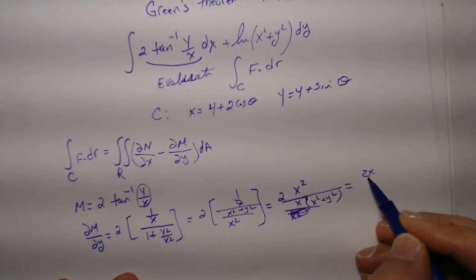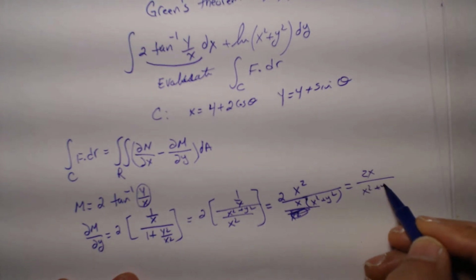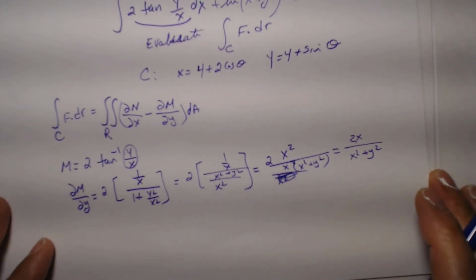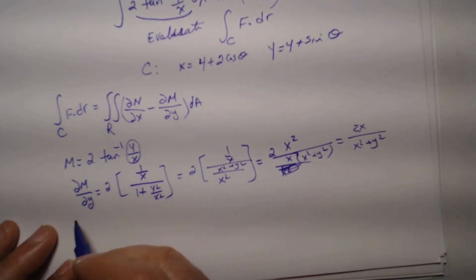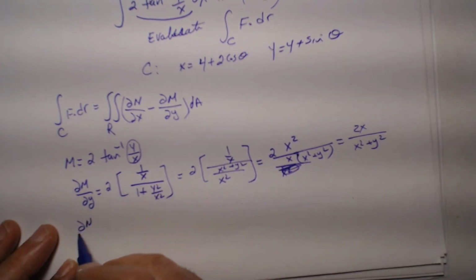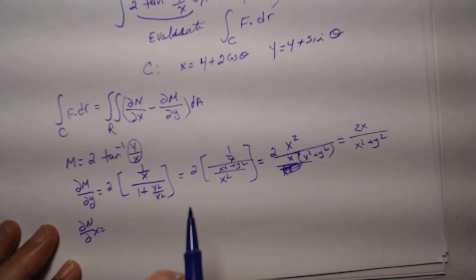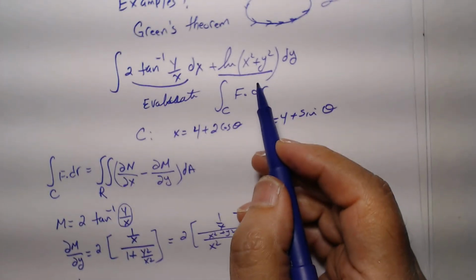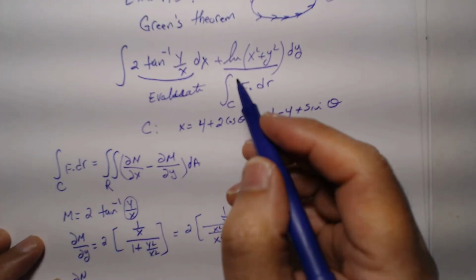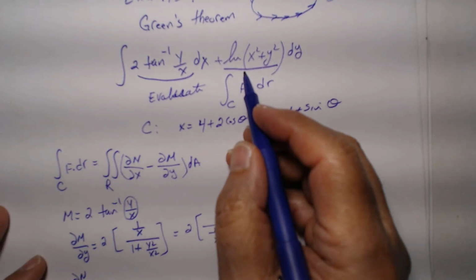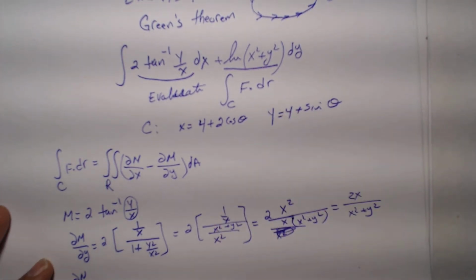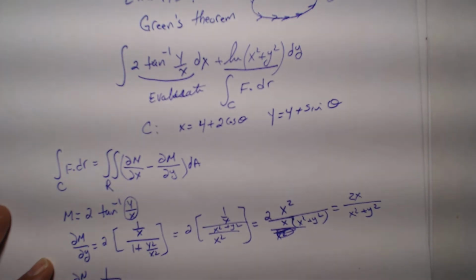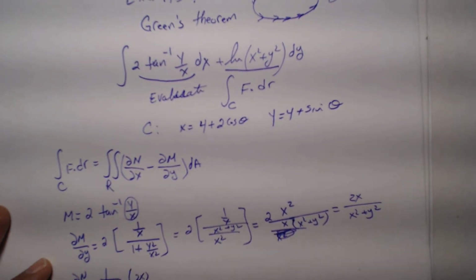And this is 2x over x squared plus y squared. Partial derivative of N with respect to x: this one is your N, and the derivative of natural log is 1 over u du. With respect to x it is 1 over u times du, which is 2x.